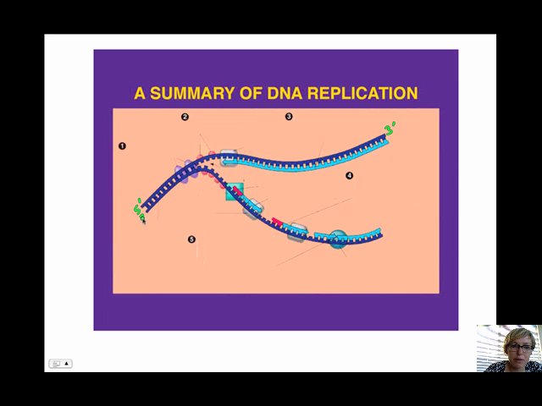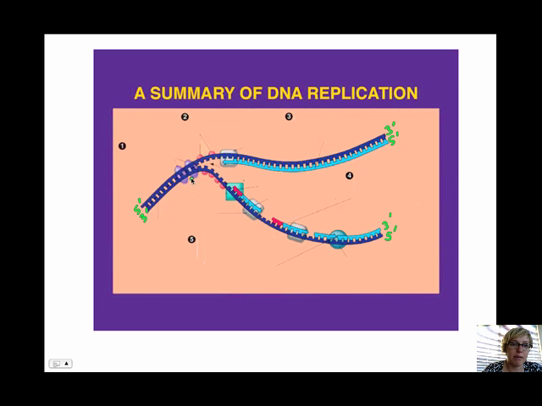That would make it 3'. And we follow that side of this strand all the way to the end, and that would make it 5'. So this would symbolize the new material, and this would be 5'. And this would be 3'.